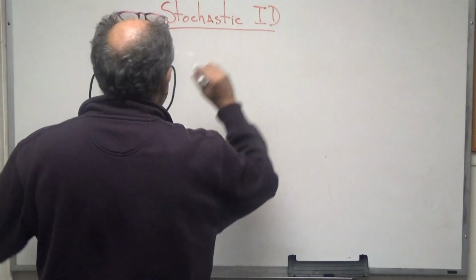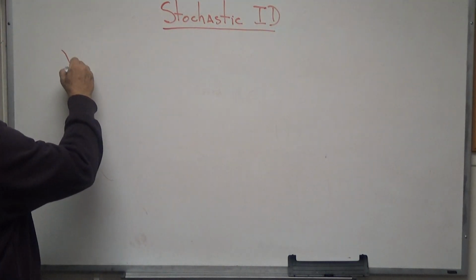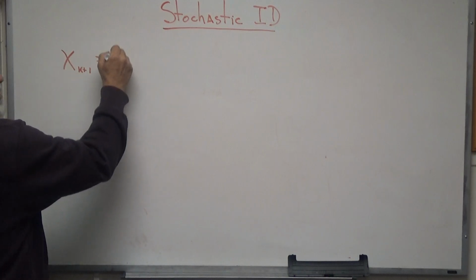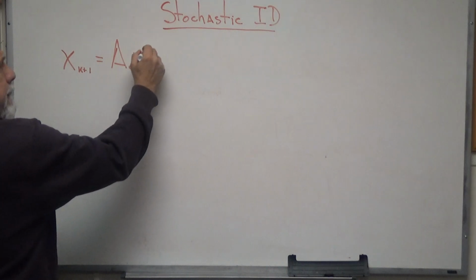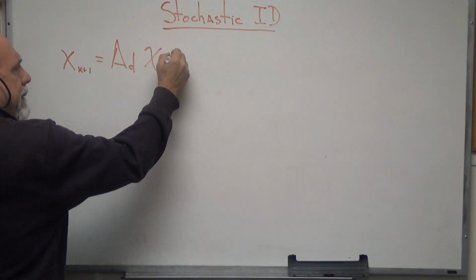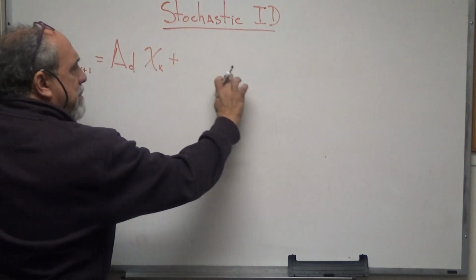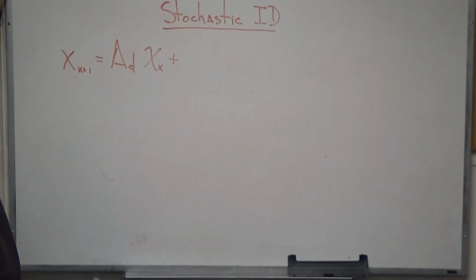Now, the system that we assume is generating the data is like this, just like before. When we had known input, over here we would write B_d u_k.